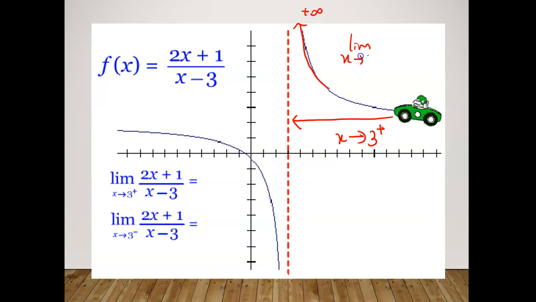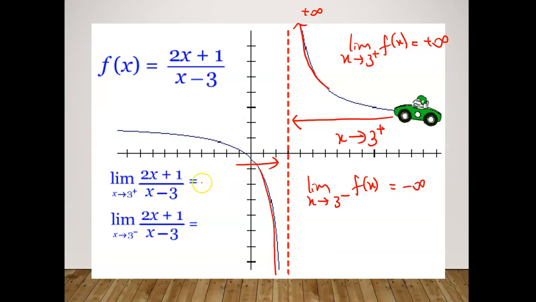The limit as x approaches 3 from the positive side of f(x) is positive infinity because your graph is going up. But for the other side, when x approaches 3 from the negative side, your graph is going down, going to negative infinity.